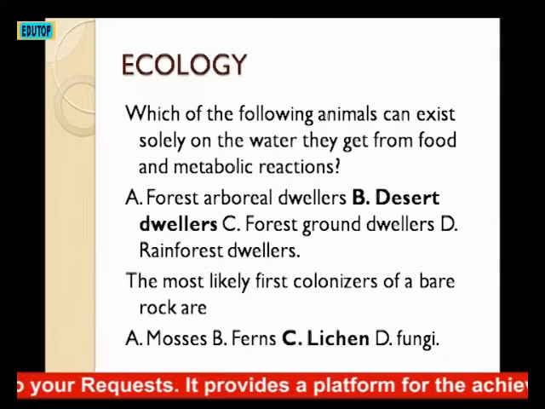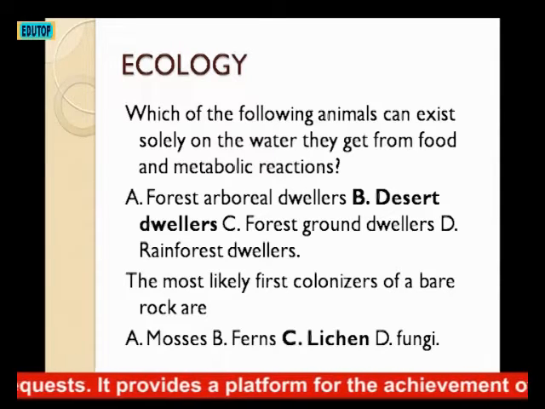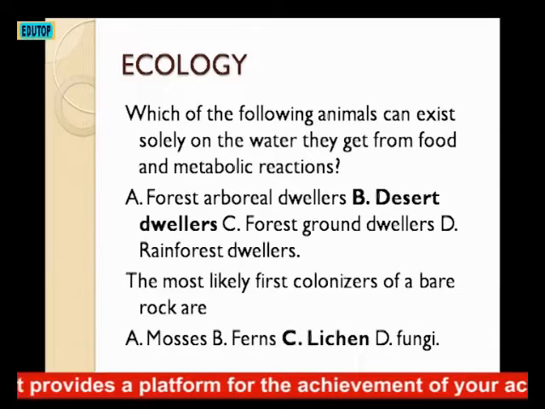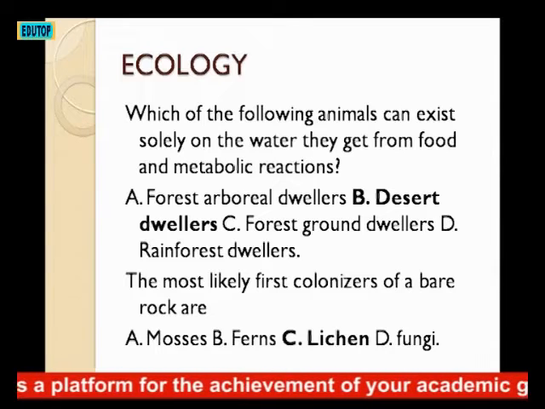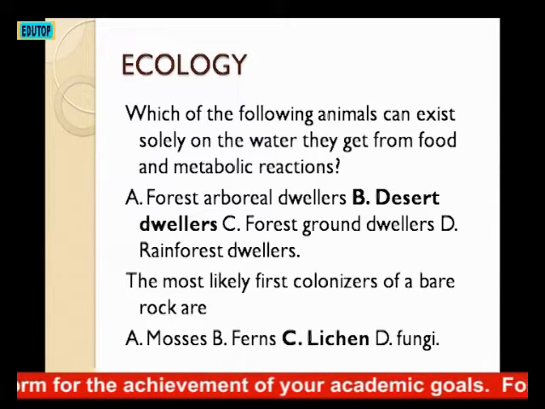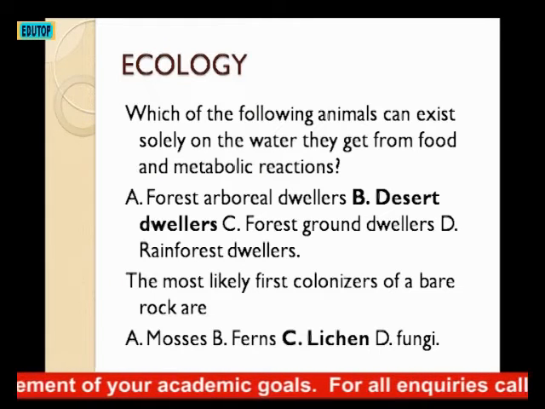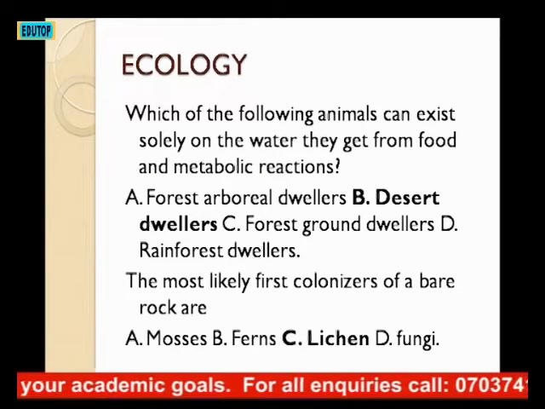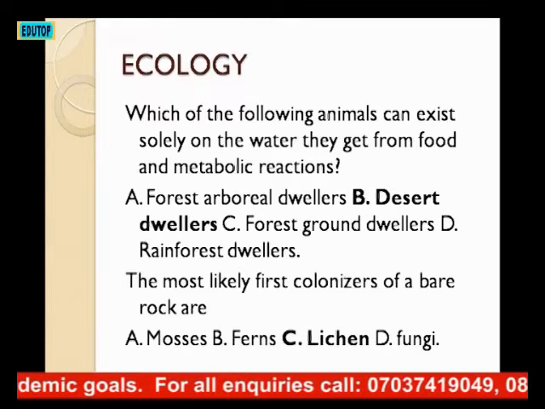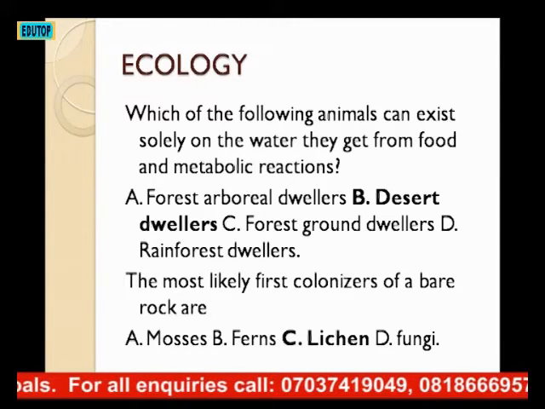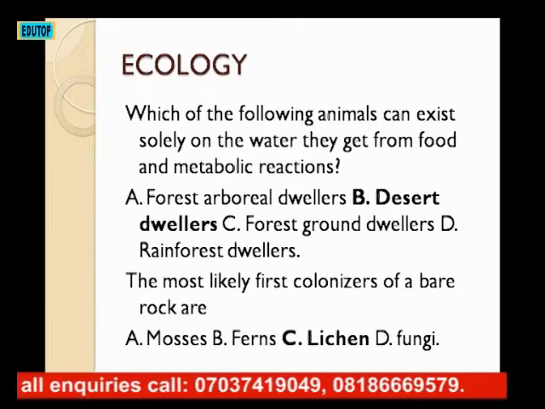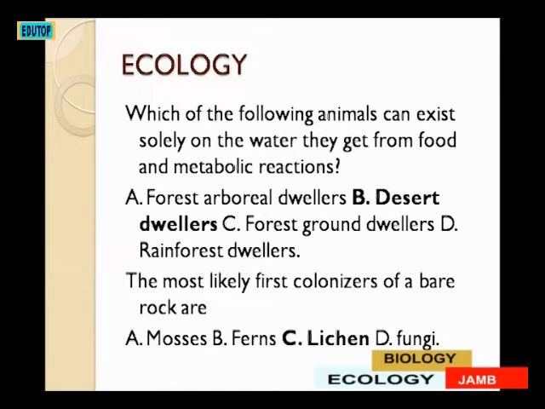The next question. Which of the following animals can exist solely on the water they get from food and metabolic reactions? A. Forest arboreal dwellers, B. Desert dwellers, C. Forest ground dwellers, D. Rainforest dwellers.